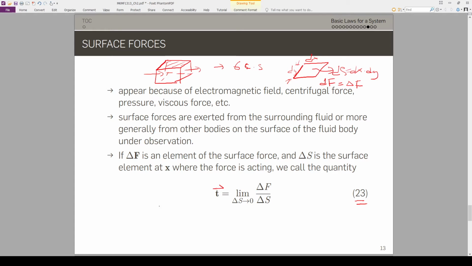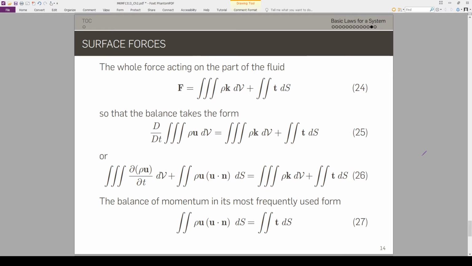The vector t can be contributed from the pressure, from the shear stress, from centrifugal force or electromagnetic field, and it is just the force per unit surface area of our control surface.